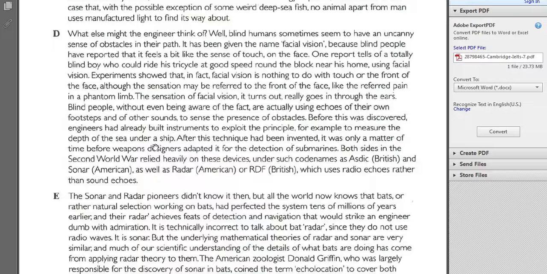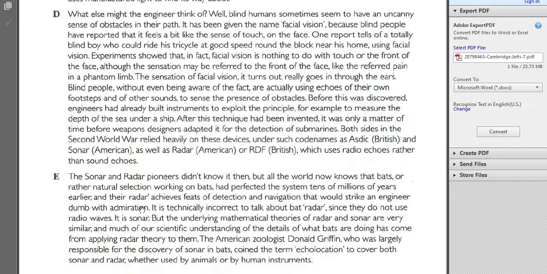Submarines, well, look at all these. Second World War, American, British, sound echoes. So what I kind of do is dance through the paragraph, catching key words. And this will help me get a feeling for where I can find answers when I read questions.